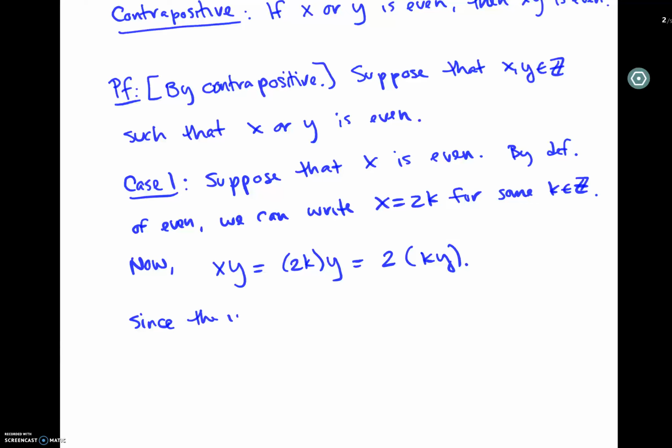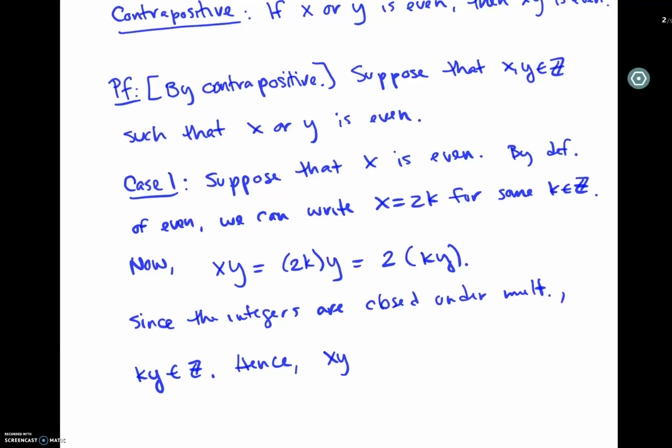Since the integers are closed under multiplication, ky is an integer. Hence, xy is even.